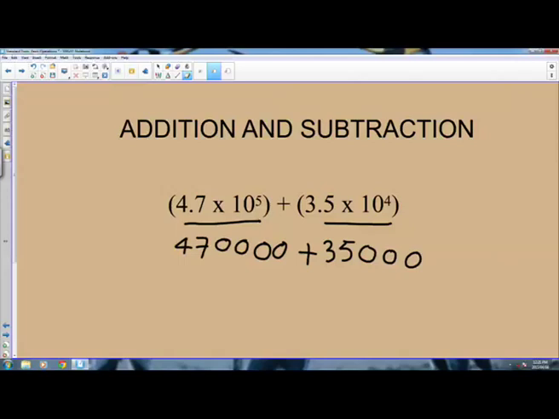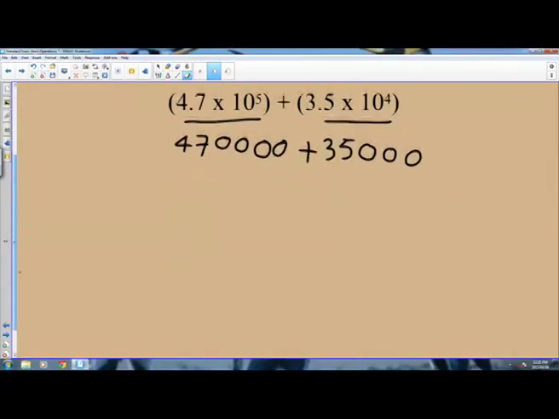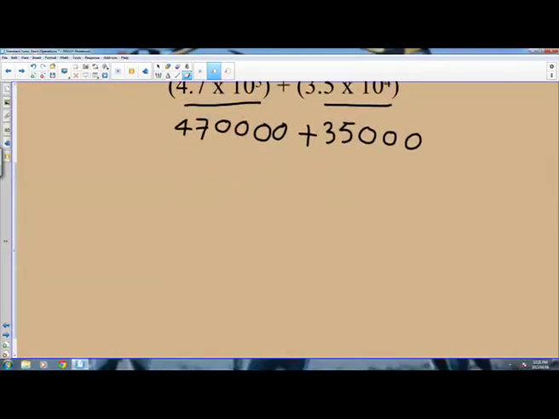35,000. So you can simply carry out the simple operation that you know. It's 470,000 plus 35,000.